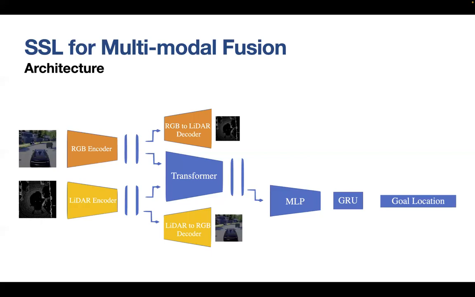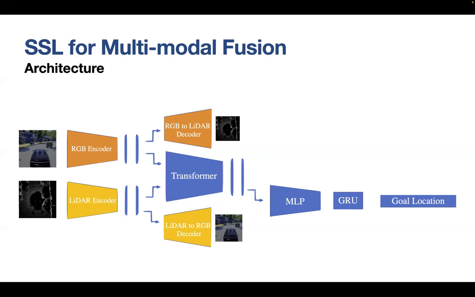What we want to do is teach the network which points in the image correspond to which points in the LiDAR. How can we do this? We can add some self-supervisory losses. We can add an RGB-to-LiDAR decoder that gets the RGB encoder features before fusion and then predicts the LiDAR.